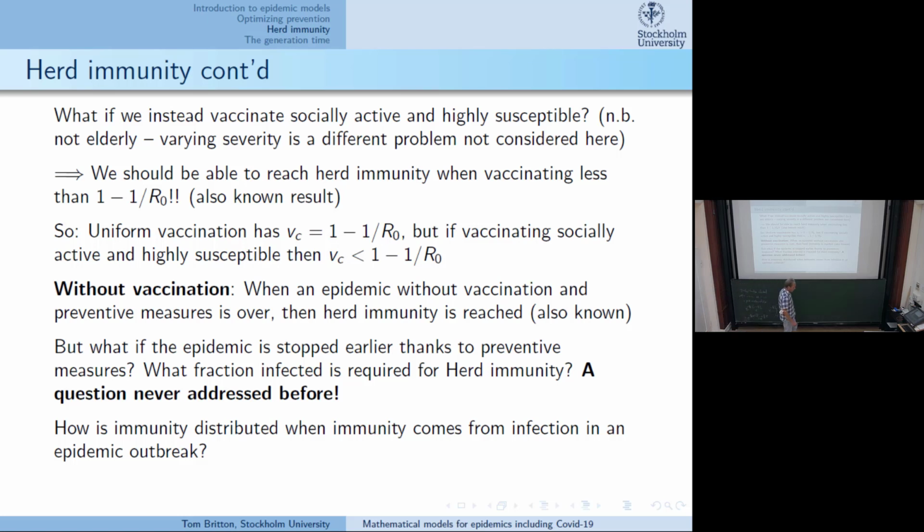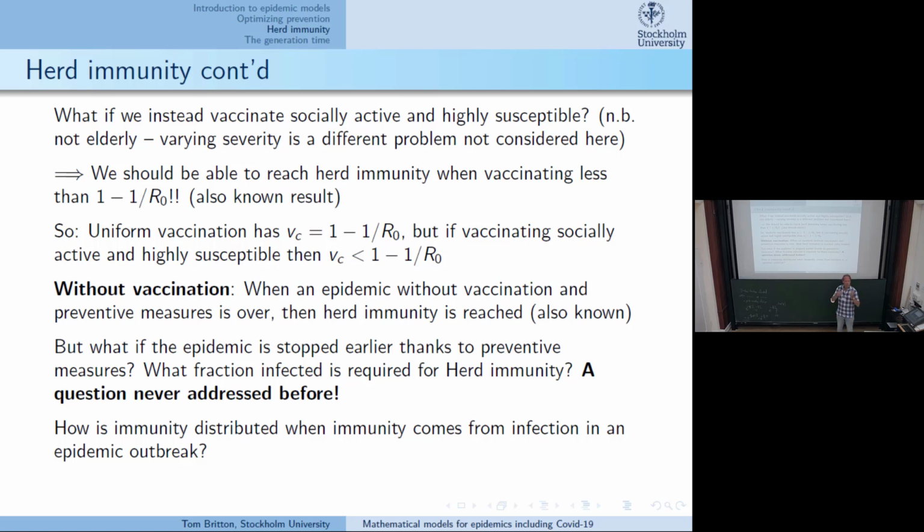It has also been known for a very long time that you can do better than vaccinating uniformly. Suppose you know some people are more susceptible, other people are less susceptible, some people are more socially active, others are less socially active. Who do you think you should use the vaccine on, the socially active or the socially inactive people?